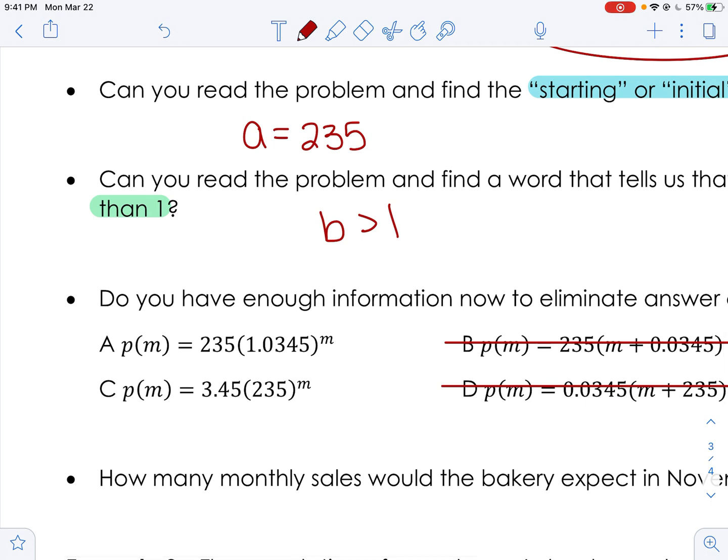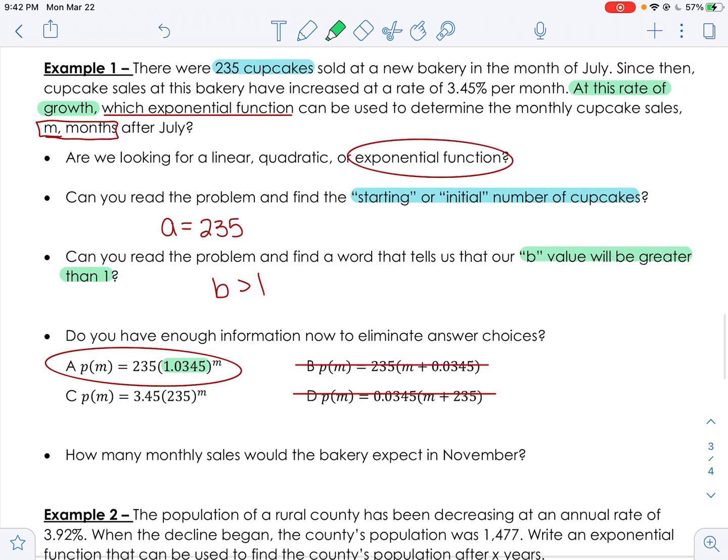Now, if we look at answer choice A and C, we want A to come first, which is 235. That's going to be answer choice A. Now, how did we get this answer choice? The part that is inside, notice it is bigger than 1, and it's showing growth.